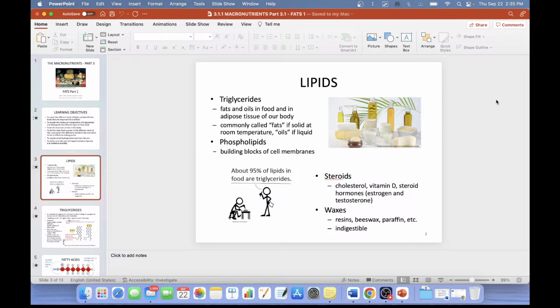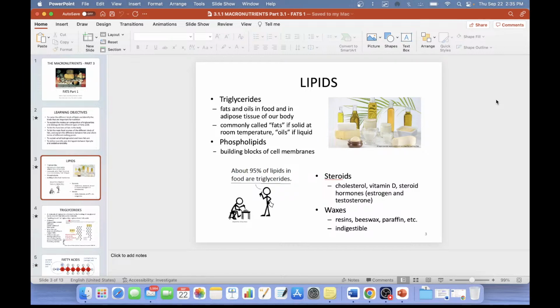Among the waxes are substances that are derived mostly from plants, and they're also derived from non-living matter. They're used in food processing. They're not relevant to nutrition, though. They are important to food science and technology.